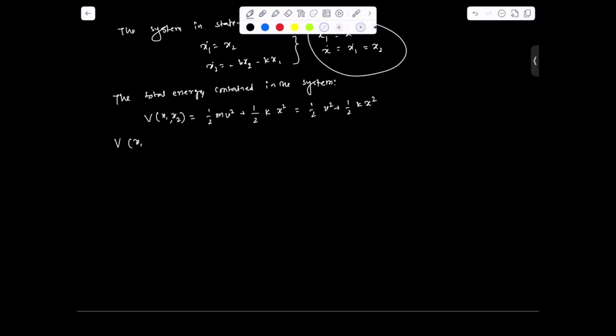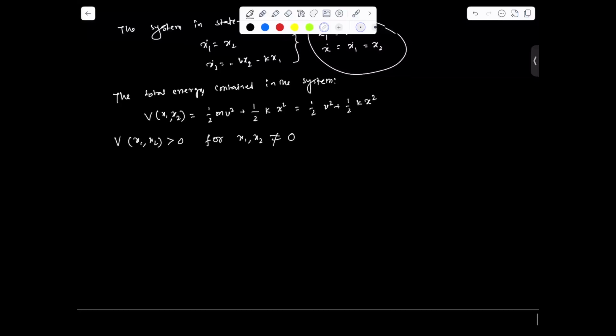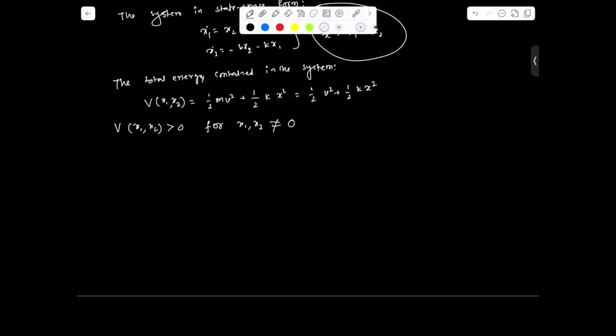V(x1, x2) is greater than 0 for x1, x2 not equal to 0. So this condition should be valid for this energy function, and V(x1, x2) is equal to 0 for x1, x2 equal to 0.